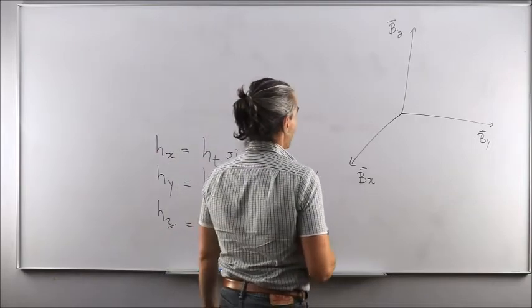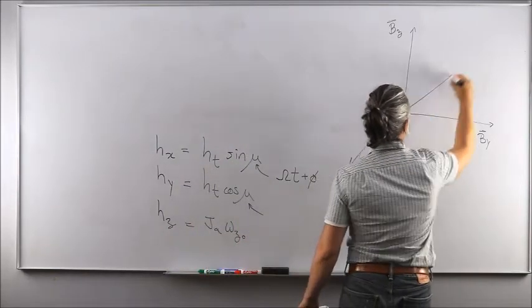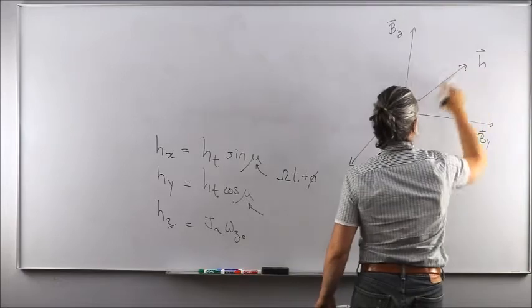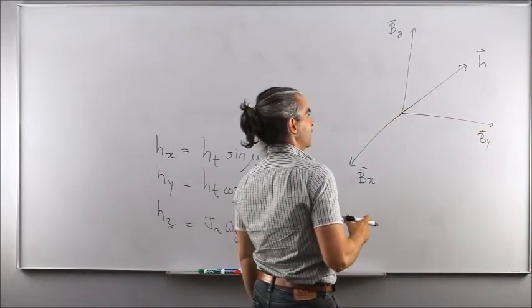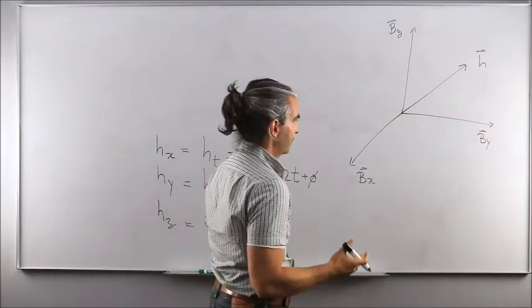Well, we know the first thing is that the h vector, in terms of its length, remains constant throughout time.